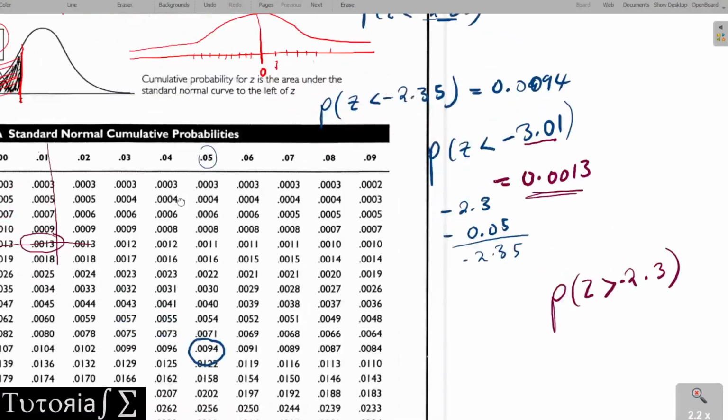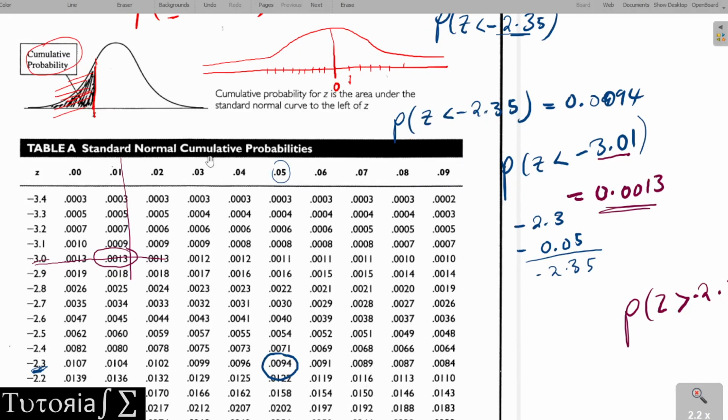These tables only show probabilities for less than. That's why they say the cumulative distribution for z, area under the standard normal to the left of z, which is this direction.